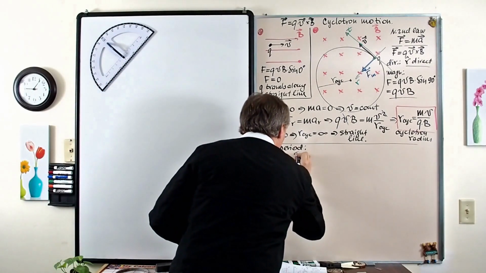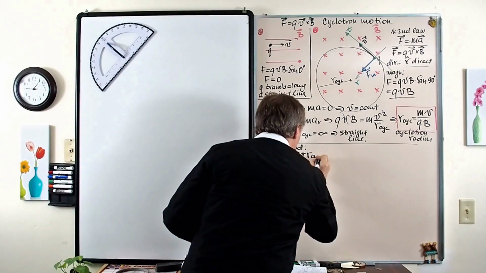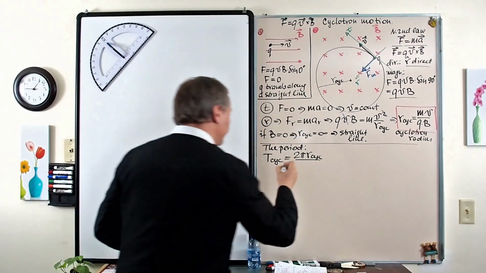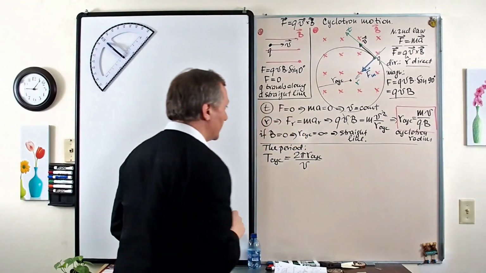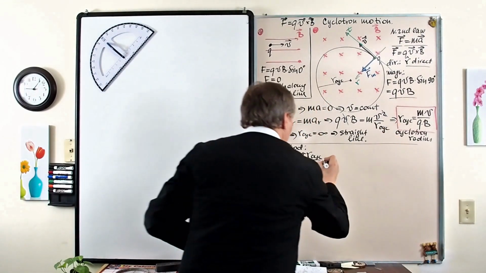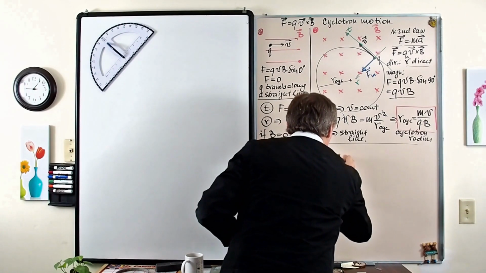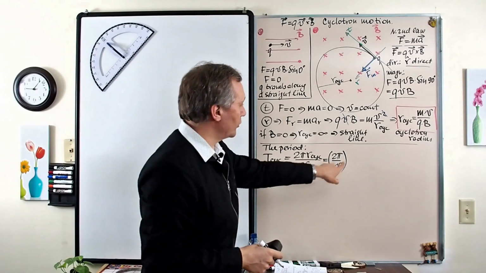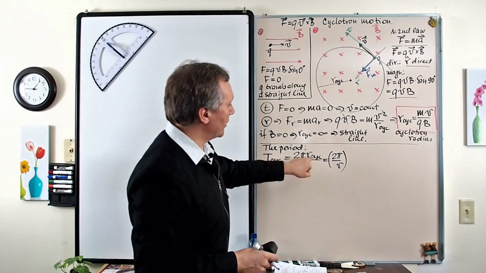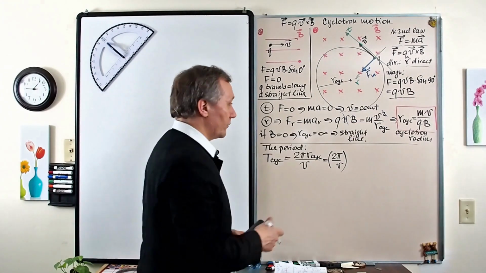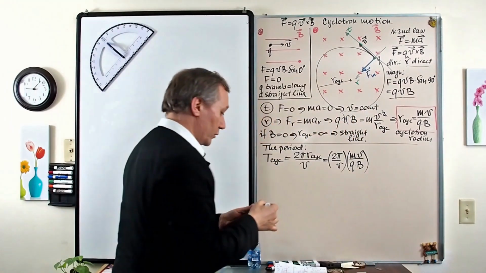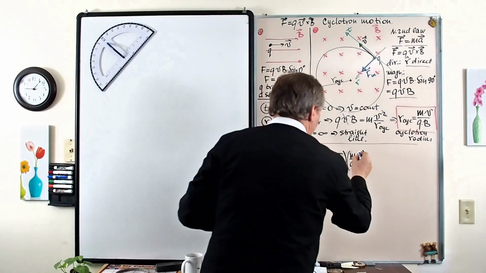So 2 pi r cyclotron divided by the speed v. The cyclotron radius we just derived, so it will be 2 pi over v, and now I'm going to multiply by the formula for the cyclotron radius, m v divided by q times B. And you see, velocity gets cancelled.